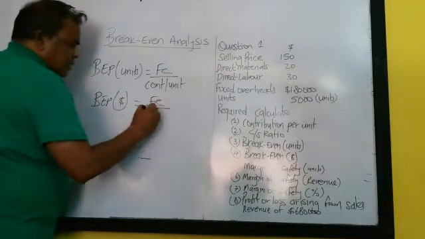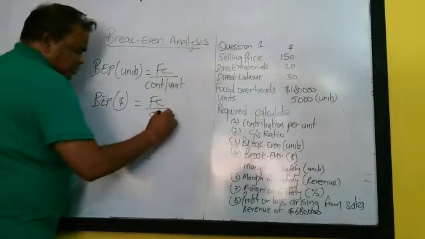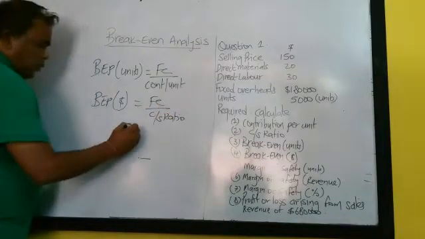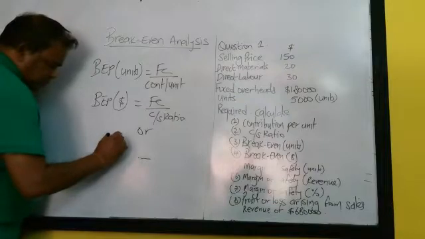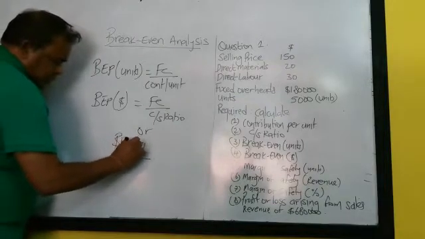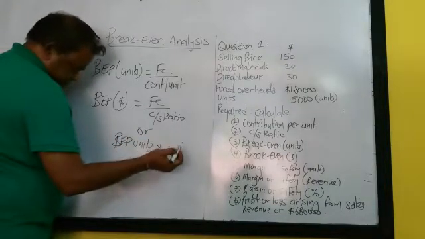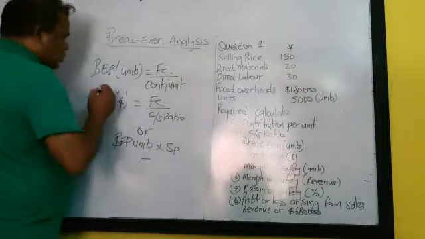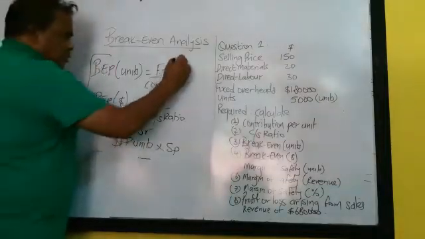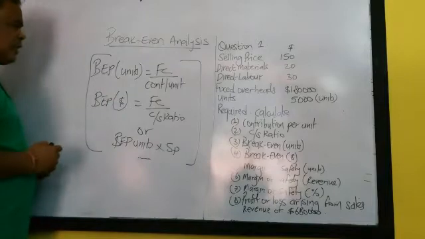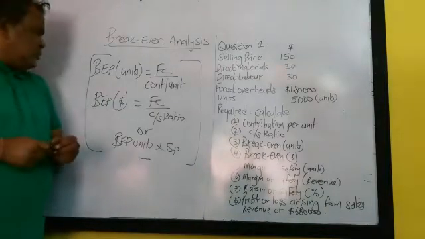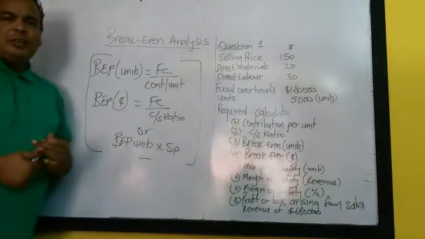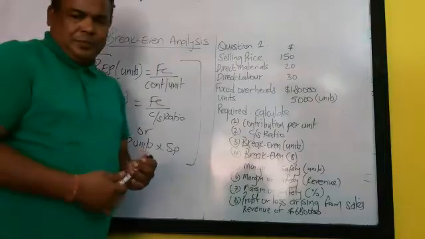In this case, we can use this formula: fixed cost over CS ratio, or break-even units times selling price. So either we use the first one or the second one, we calculate break-even units and we can calculate break-even revenue.